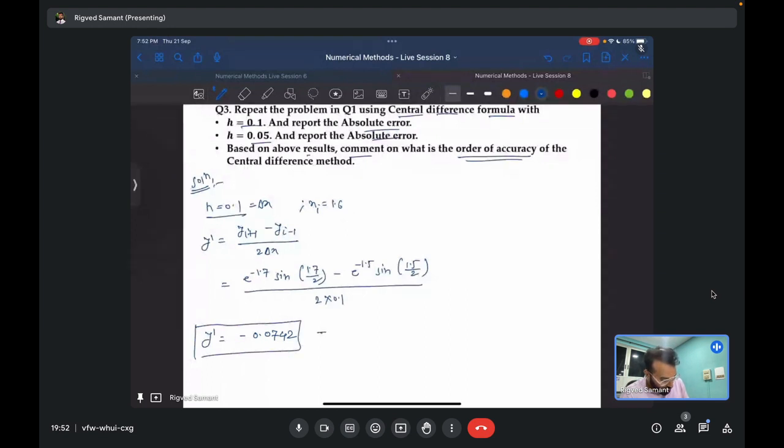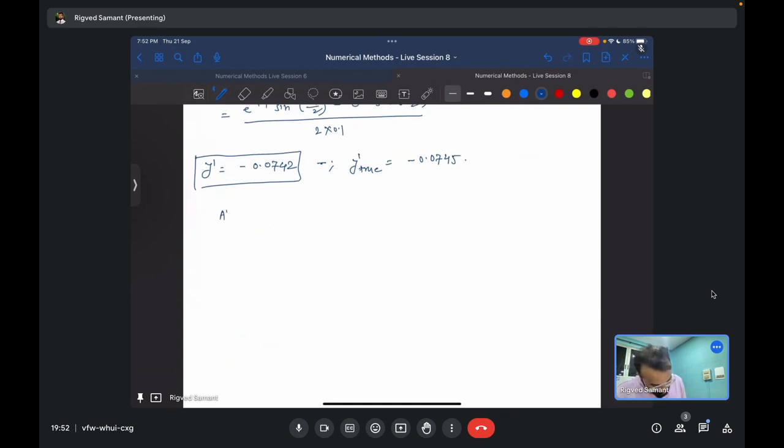Now you know the y dash true, that is minus 0.0745. So you can calculate the absolute error. The absolute error is the absolute value of minus 0.0745 plus 0.0742. You will get the error to be 0.000651.